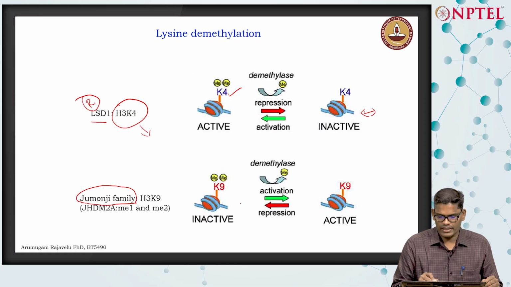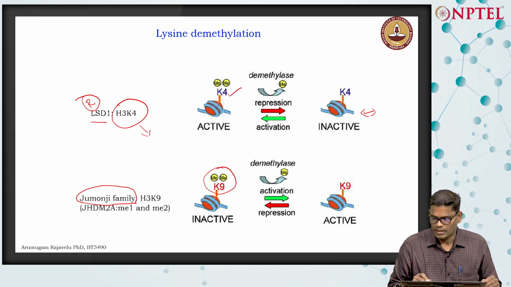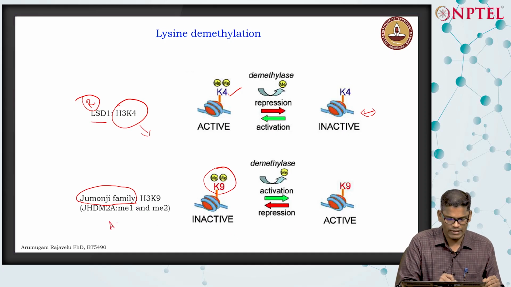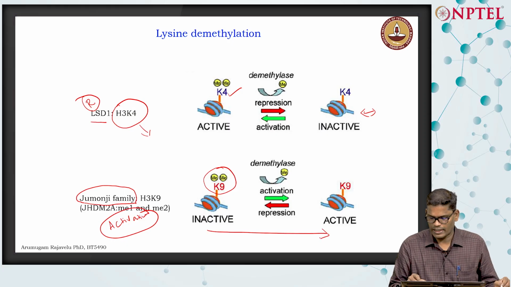In this case, it can demethylate the gene repressive modifications, histone 3 lysine 9, and then when it demethylates, it becomes part of the gene activation complex. It's the opposite of the particular mark. So, it converts inactive mark to the active mark.